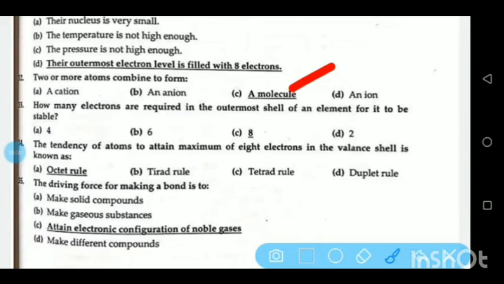How many electrons are required in the outermost shell of an element for it to be stable? 8. The tendency of atoms to attain maximum of 8 electrons in the valence shell is known as octet rule. The driving force for making a bond is to attain electronic configuration of noble gases.